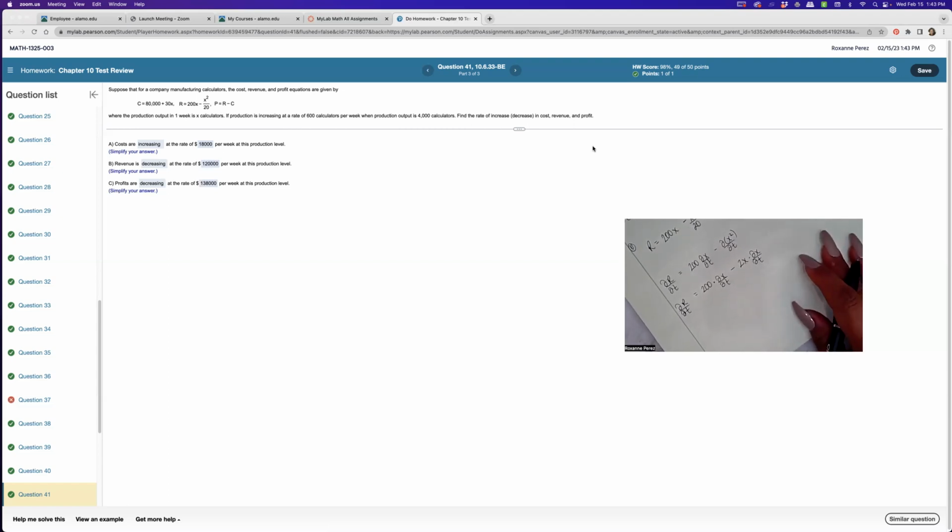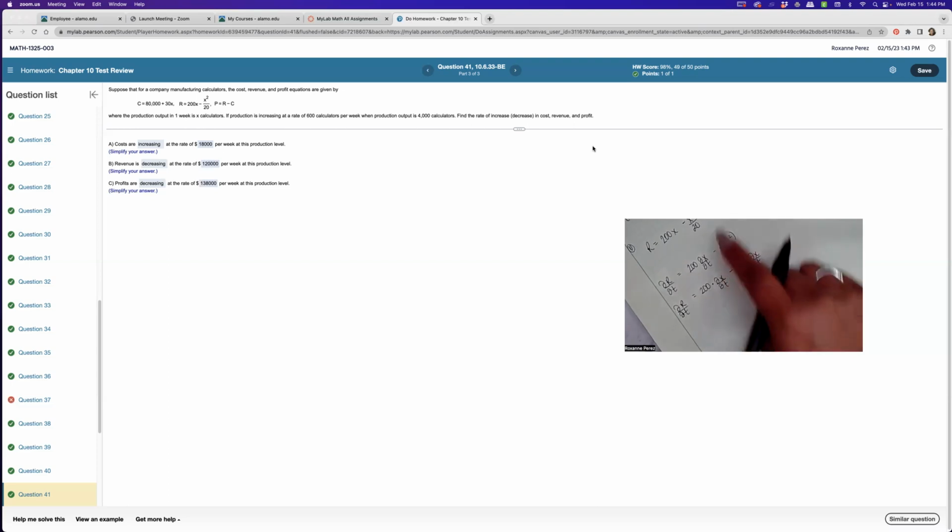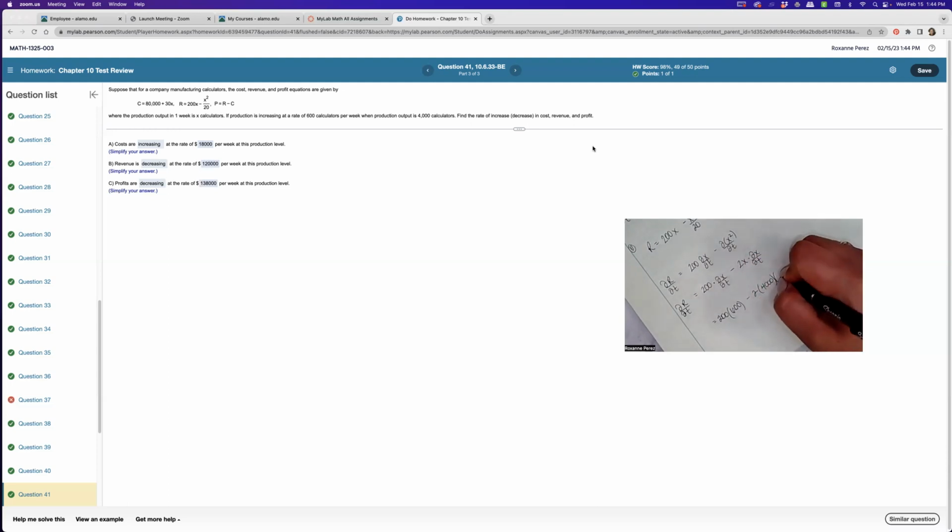Okay, so now we have this information again. We know the rate of change of production, the dx over dt. So same thing, we're going to plug in our 600 minus 2. We know x, the production amount, is 4,000 times dx/dt, which is 600.